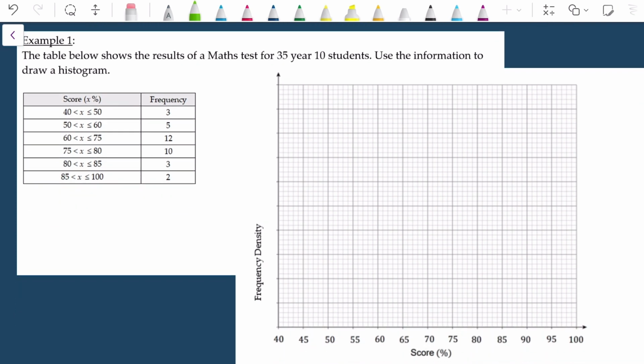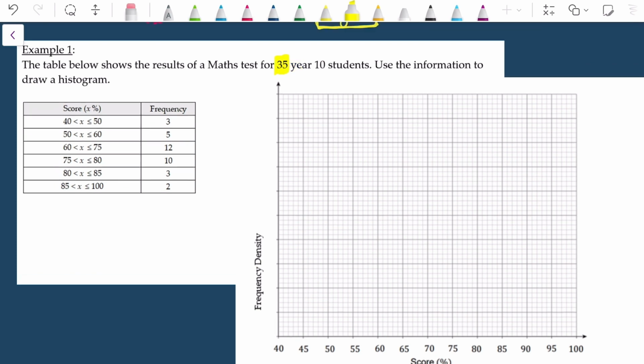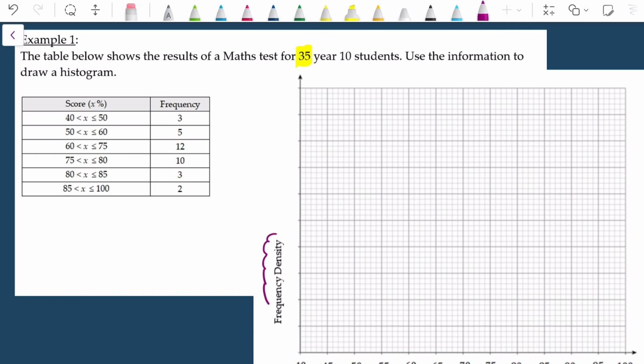This table below shows the results of a maths test for 35 Year 10 students. Use this information to draw a histogram. We know now that on the vertical axis I've got the frequency density, and I have my score in percentage on the horizontal axis. In order to draw my different bars, with frequencies 3, 5, 12, 10, 3, 2, I need the frequency density.